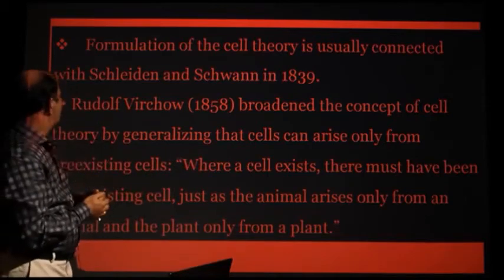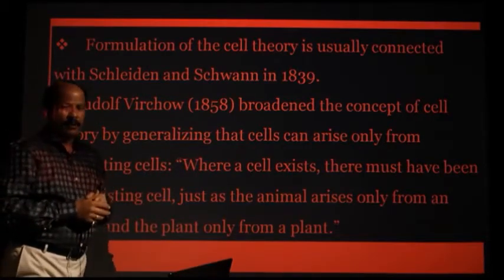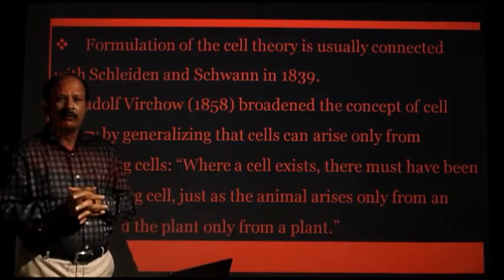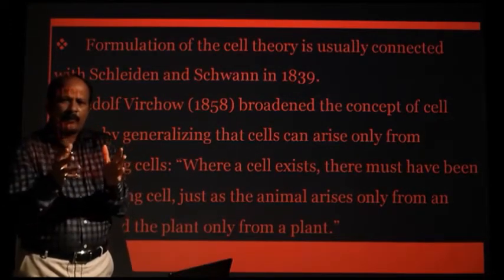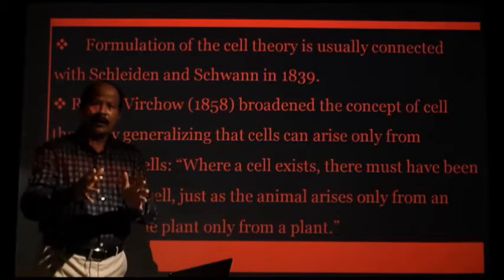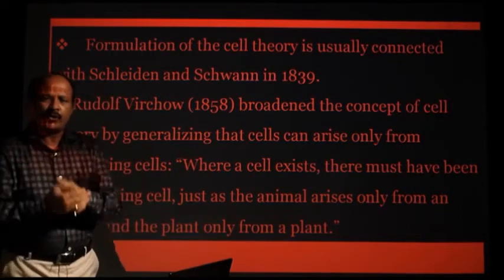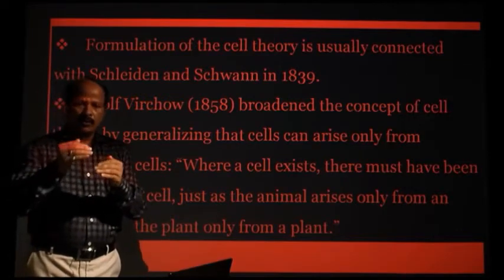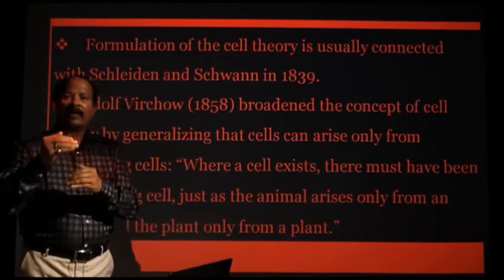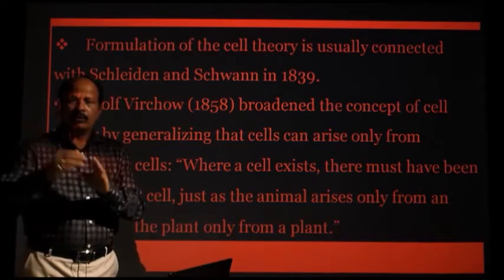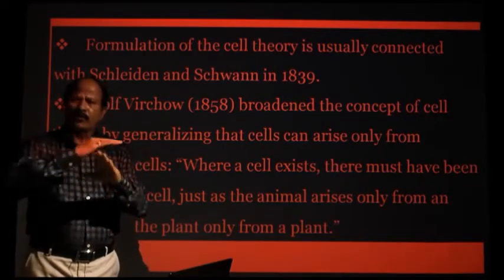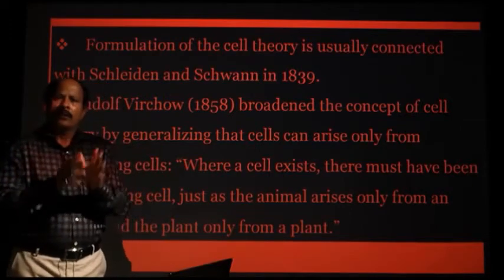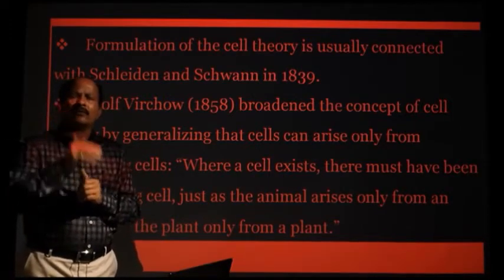Let me tell you, Schleiden, by profession he was a lawyer. Once he failed or performed poorly in his profession, then he took interest in studying biology, botany, plant biology. So he studied the plant cells. He took different plants, sectioned them, studied them, and found plants consist of many cells.